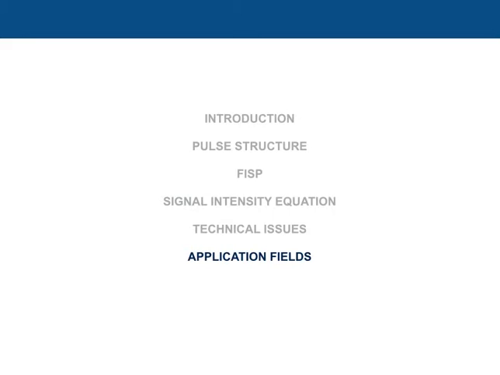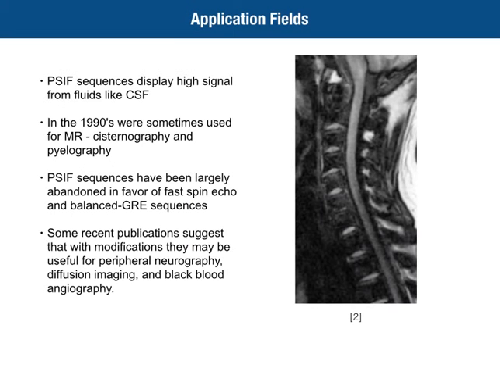Application fields are lastly the topic that I would like to mention. PSIF sequences are generally useful for displaying the high signals from fluids like CSF. In the 1990s, similar types of applications were really popular.